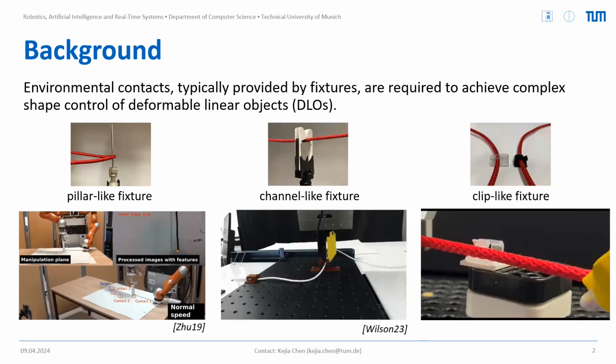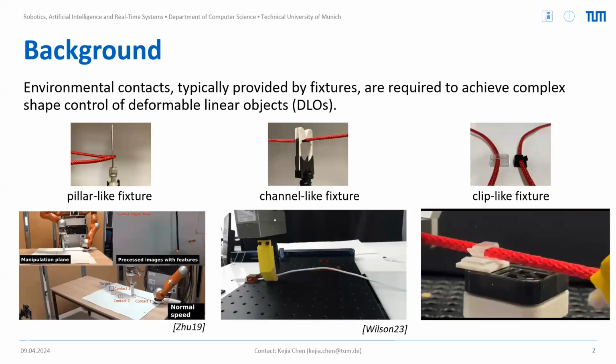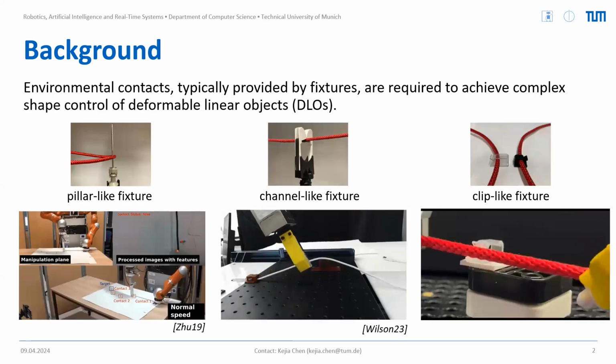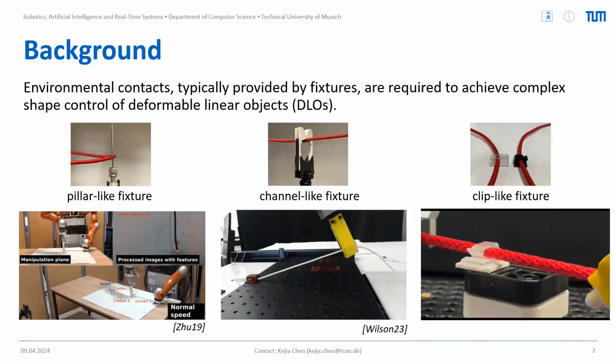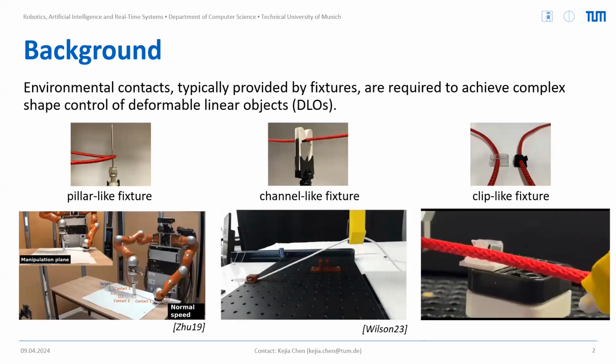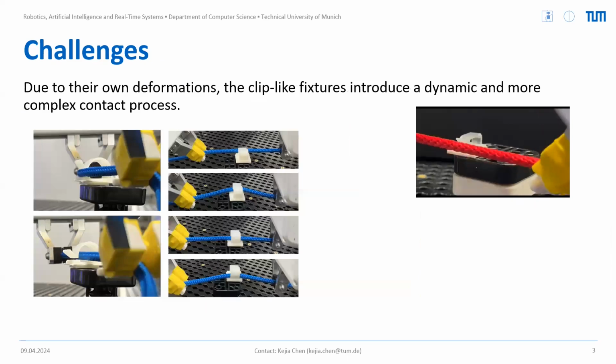For preventing potential anomalies and enhancing robustness in these processes, reliable contact state estimation between the DLO and the fixtures is crucial. Especially, we find that the clip-like fixtures introduce a unique and dynamic contact process due to their own deformation, which can be described as follows. Initially, the DLO approaches and establishes contact with the clip's opening.